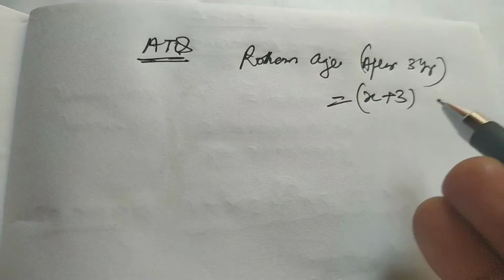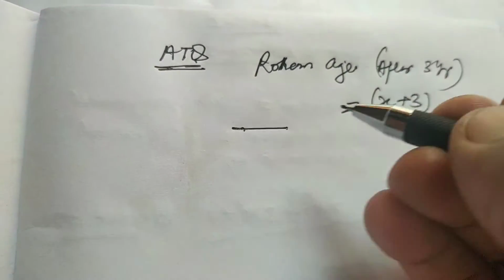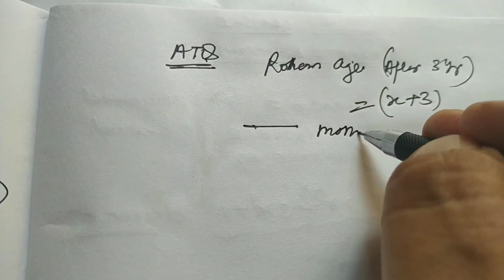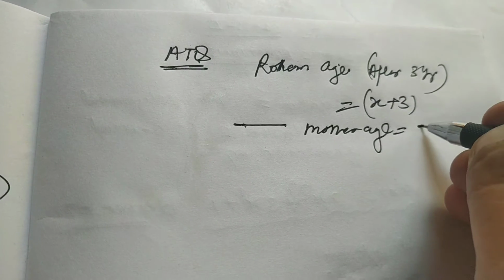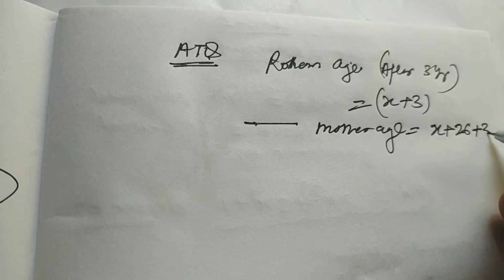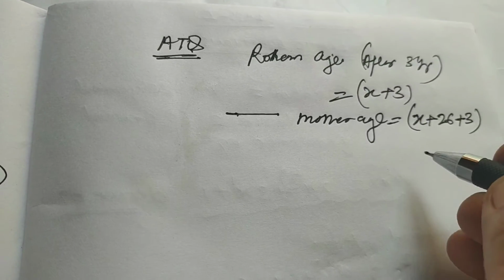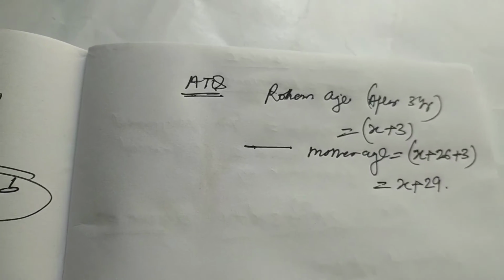Like if your age is 10 years, then after 3 years your age will be 10 plus 3 years. And after 3 years, mother's age will be, today she is x plus 26, after 3 years she will be x plus 26 plus 3. This is x plus 29, right?